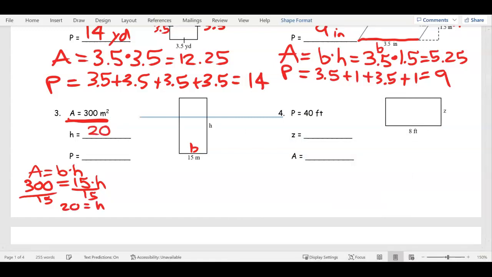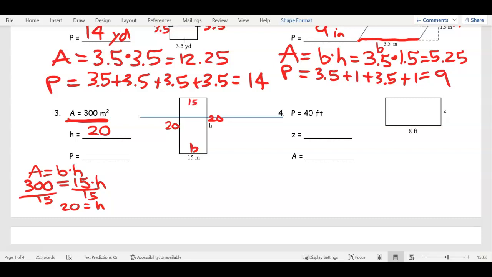Okay. If you're given the area, then you have to solve it this way. You set up the equation, and you may have to divide. Now, since I know the height is 20, I'm going to label that on my picture. So I have a height of 20, and my other two sides are going to be 20 and 15.